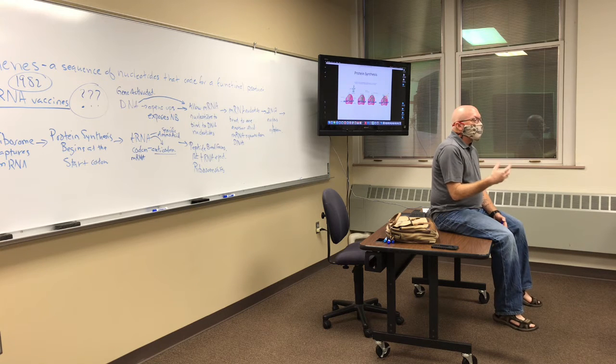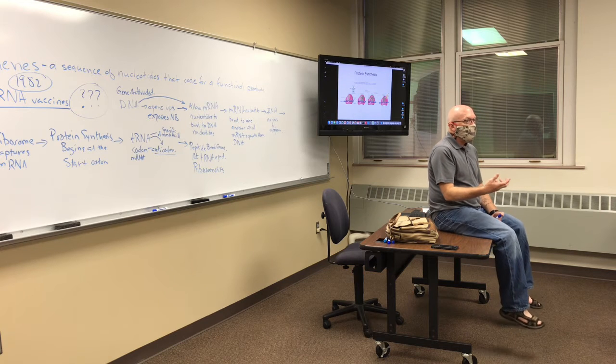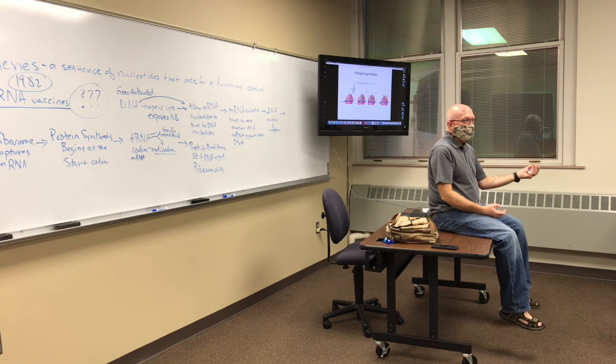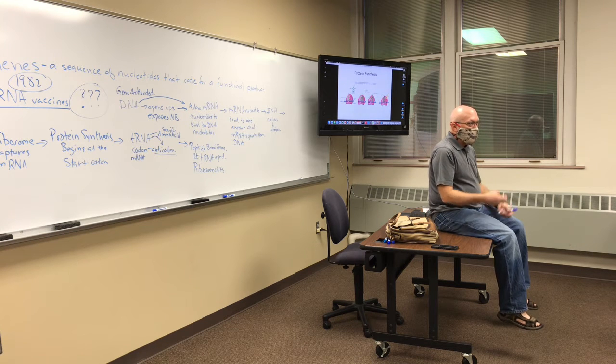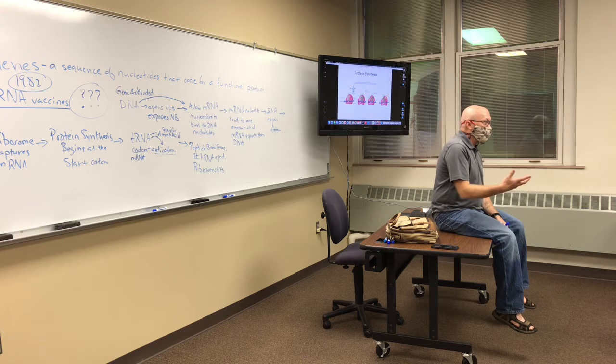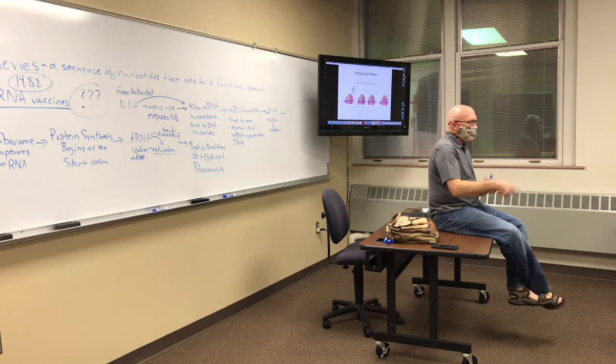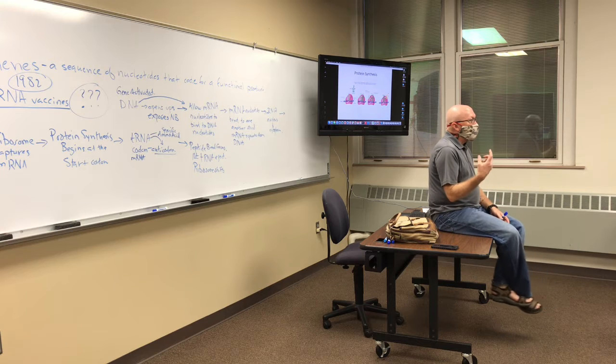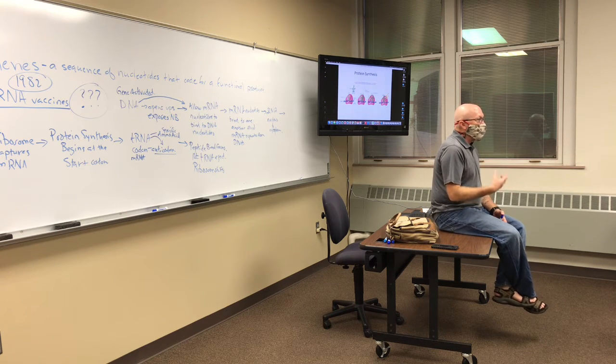These memory cells are useful because they can mount an immune response much more quickly, since they've been sensitized to this antigen in the past. They hang around for a long period of time. They don't live forever, but your red blood cells you cycle through really quickly, constantly making new ones. Your white blood cells stay around for a much longer time, and these plasma cells, these memory cells, stay around for a really long time.